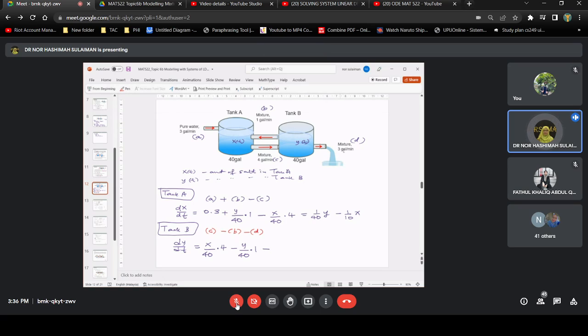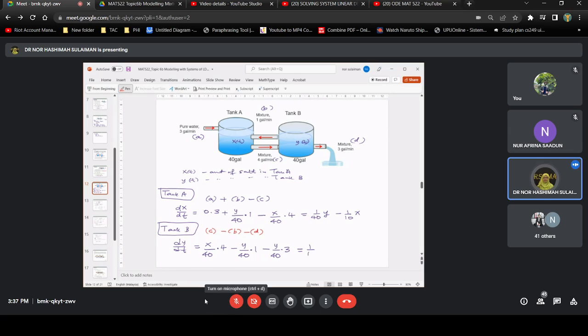D goes out from this. Okay, what is its concentration? That means the concentration depends on the amount of salt in tank B. So what will be the concentration? The 1 divided by 40 and then multiply by what? The dot means multiply, not a decimal. At what rate does it go out? 3 gallons per minute. So 3. Okay. Can we simplify?